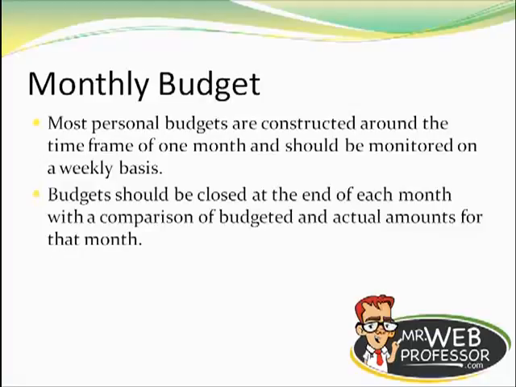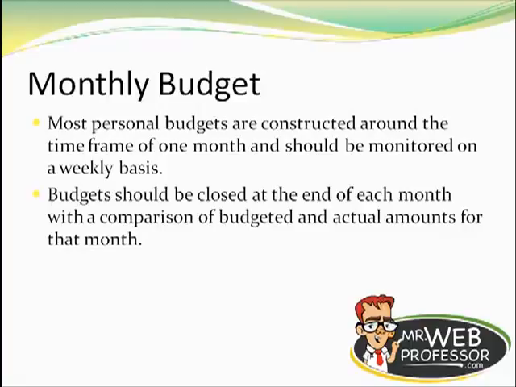So what is a monthly budget? Well, most personal budgets are constructed around the time frame of 1 month and should be monitored on a weekly basis. So you should check your income on a weekly basis as well as your expenses on a weekly basis. This is the best way to control your spending and to realize your income.